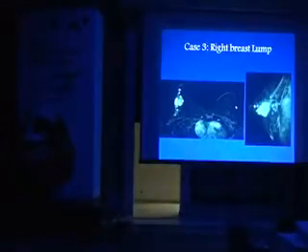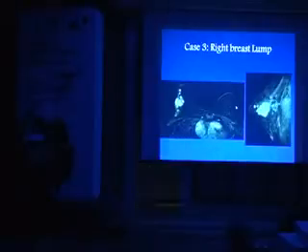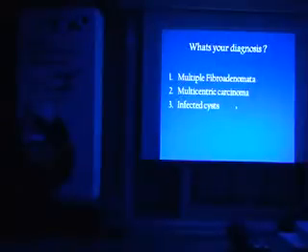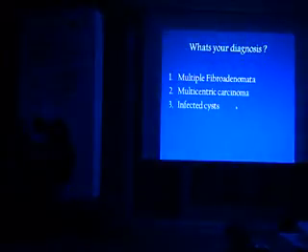So, the left breast is quite normal, nothing in the right breast. So, what's your diagnosis? Put a differential list. Are we dealing with multiple fibroadenoma or a multicentric carcinoma or multiple infected cysts?